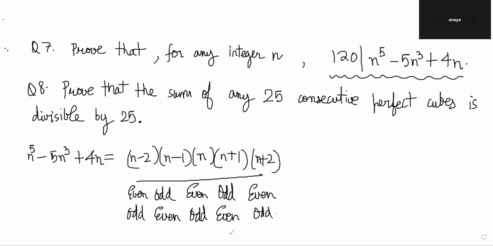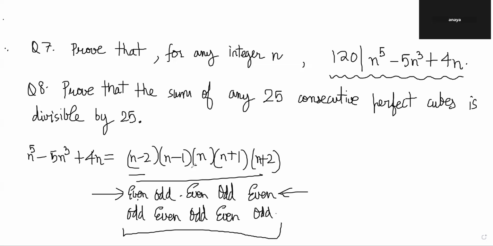Yes. Now, suppose in this case it is obvious there are 3 evens, so there is no need to worry about the case there. The only thing that we need to think about is if it starts with an odd number. In that case, is it divisible by 8? That's what you have to think of.